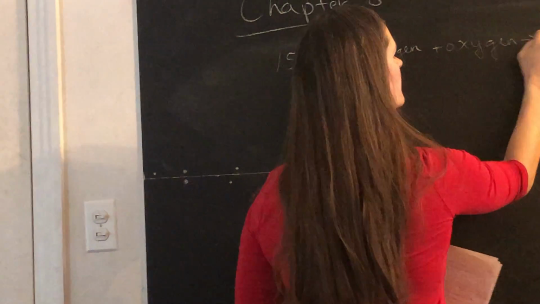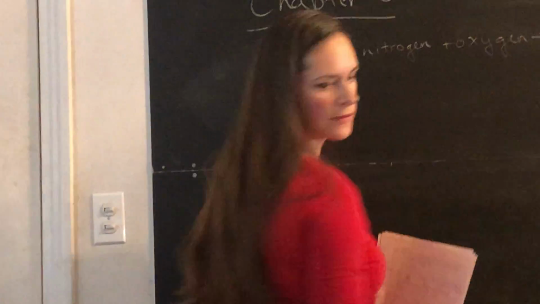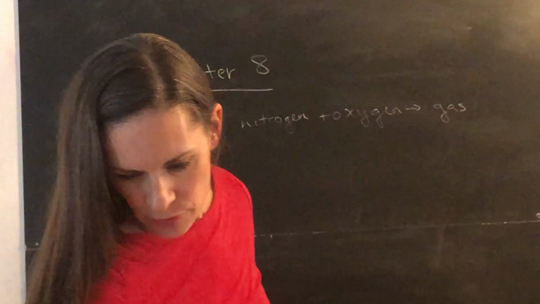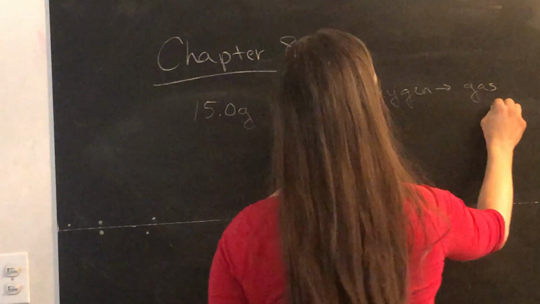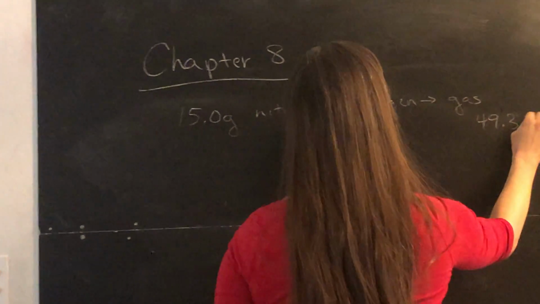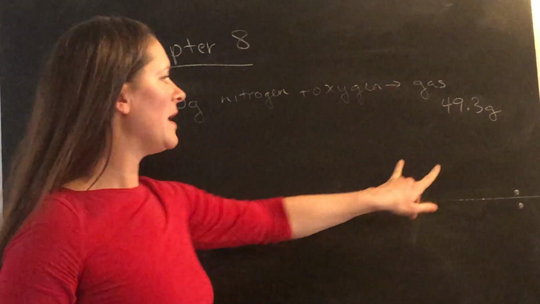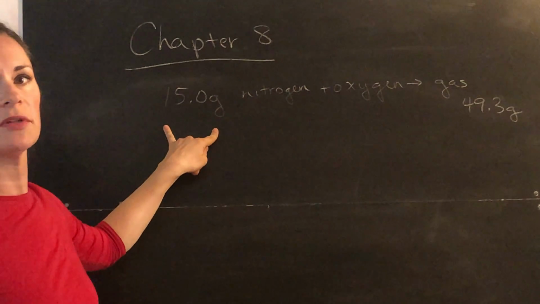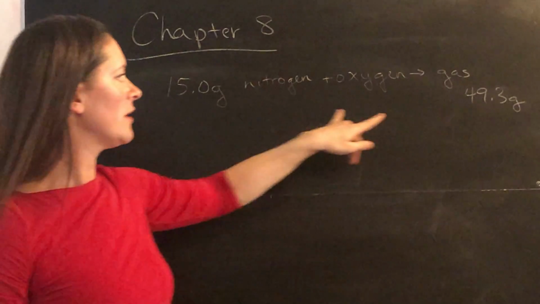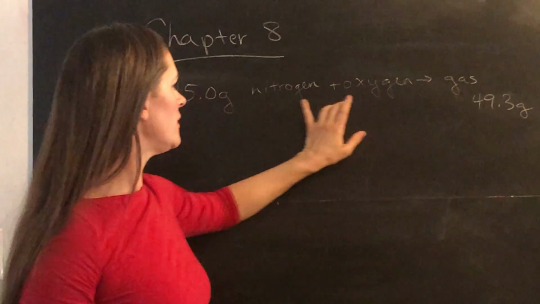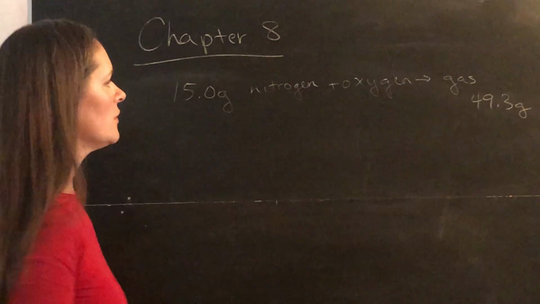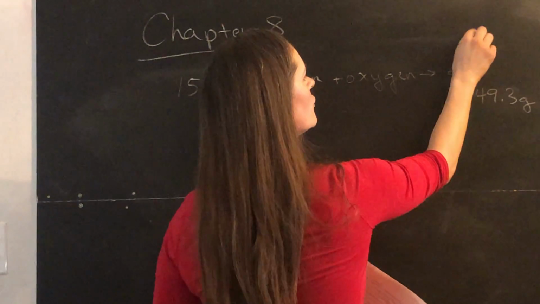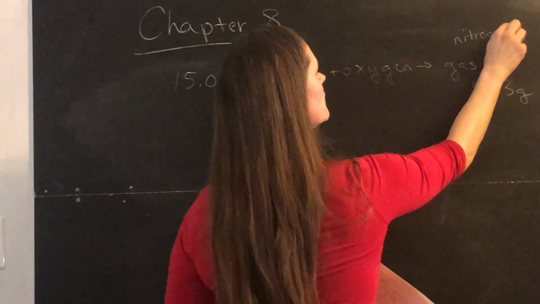and you get a gas whose weight is 49.3 grams. So this mass is greater than this mass, so obviously we've picked something up along the way. The only thing we could have picked up to make this gas heavier is oxygen. So the two elements we have over here are nitrogen and oxygen making this gas.